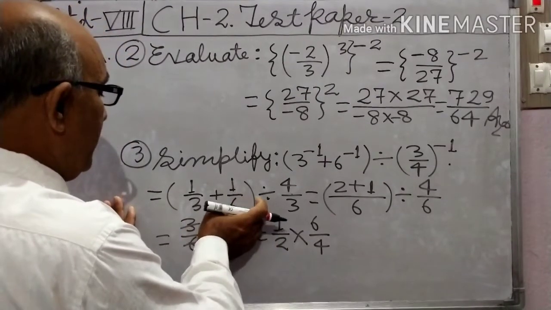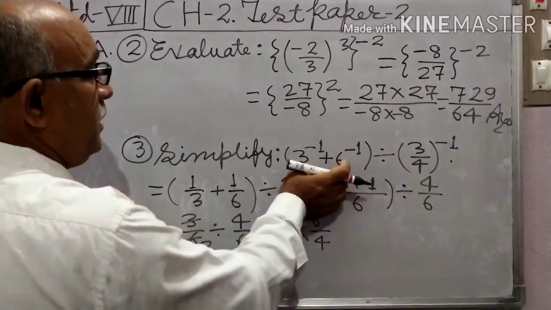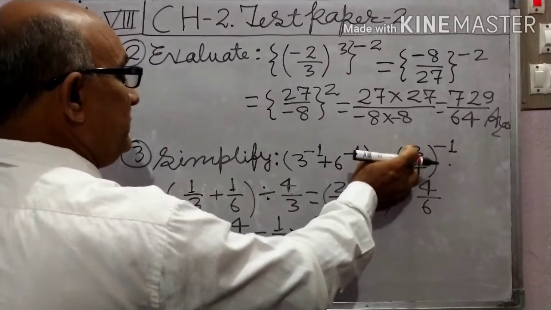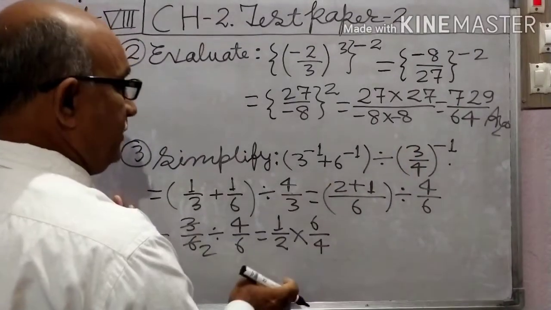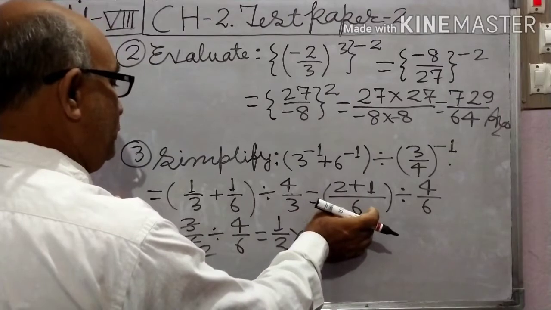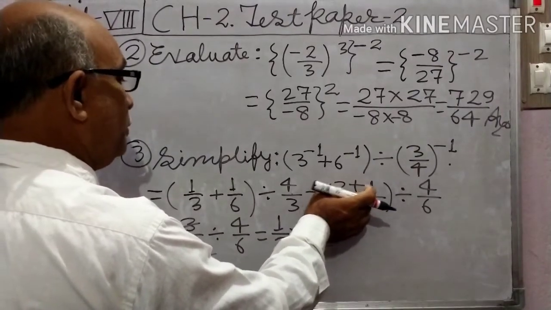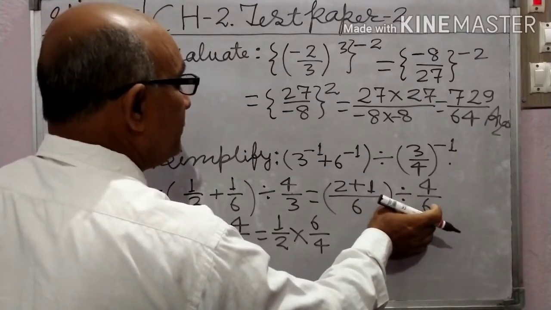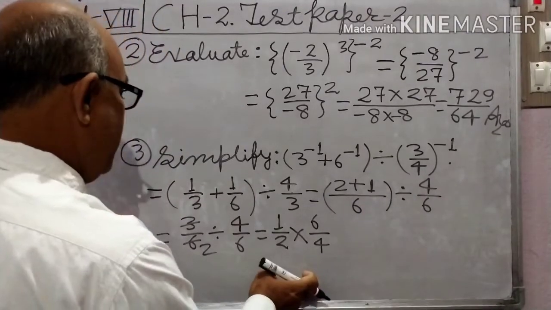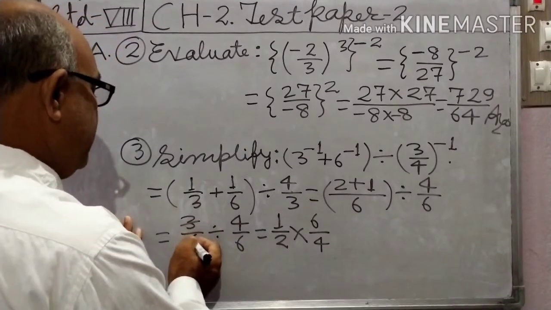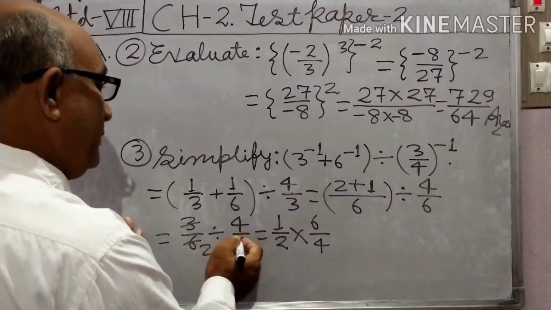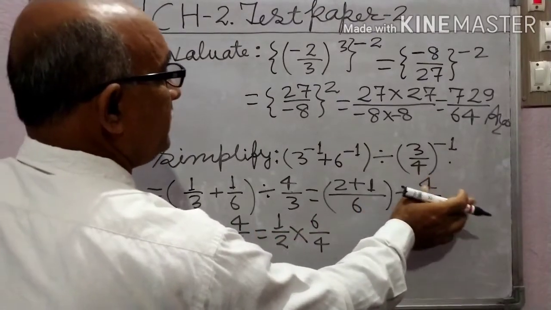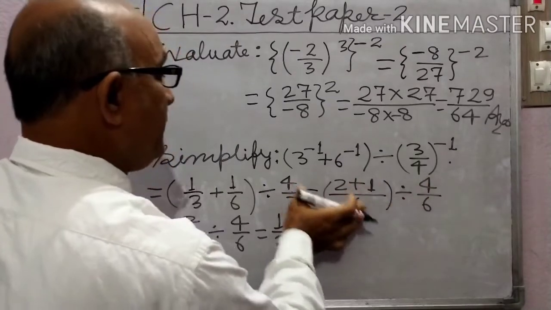Check it: 1/3 plus 1/6 divided by 3/4 changes into 4/3. The LCM gives 2/6 plus 1/6, which is 3/6, divided by 4/3.